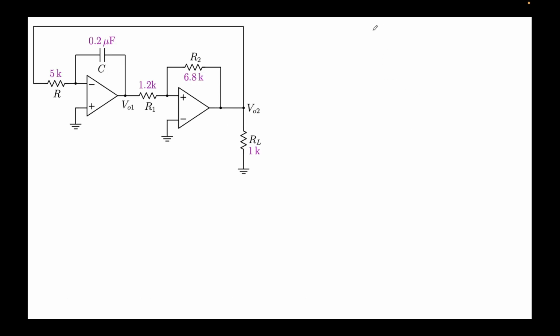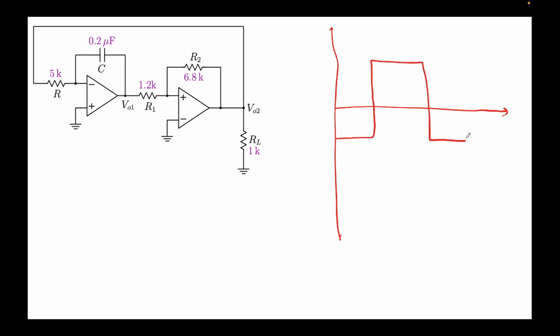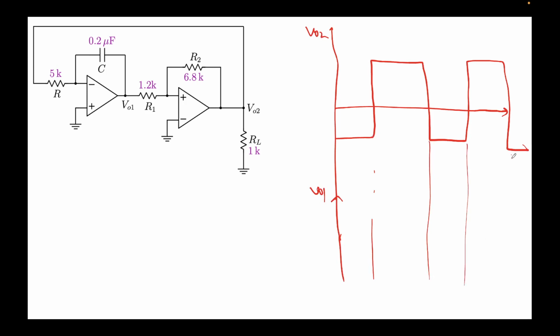So this is the problem that we have, and now I'll draw these waveforms again. It was something like this. This was V02, and this was V01. I'm just drawing this again.